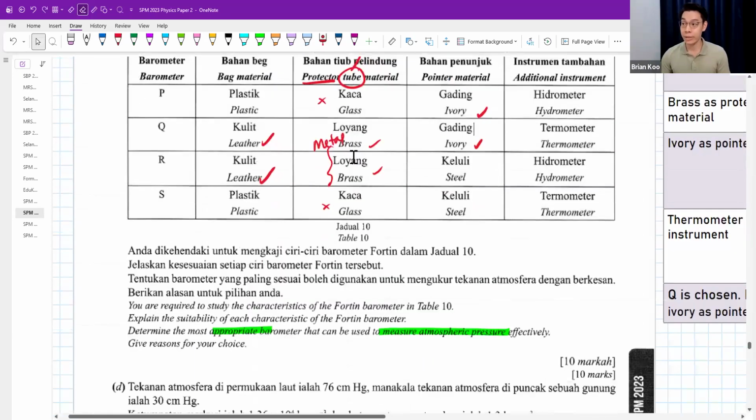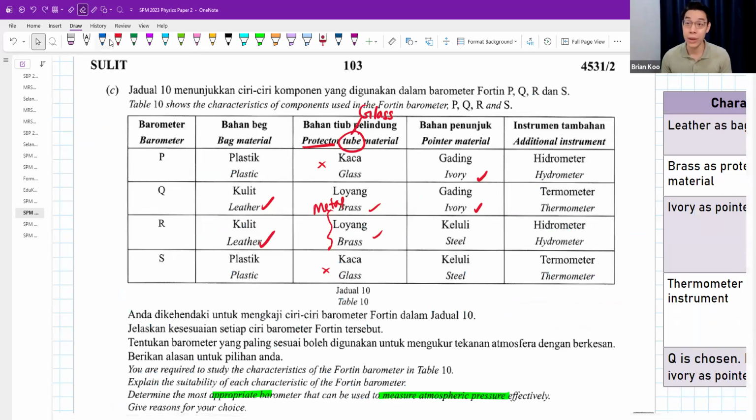Last one, any additional instrument that you want to add. We're going to add a hydrometer, sorry, a thermometer to measure temperature. We know that temperature and pressure, just like when you learn your gas laws, temperature and pressure and volume, these three things are related. In this case, also the same.